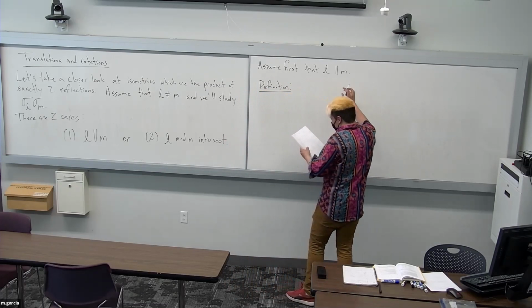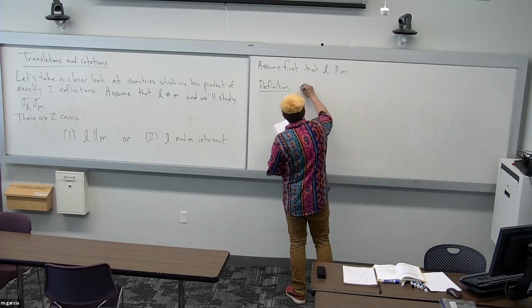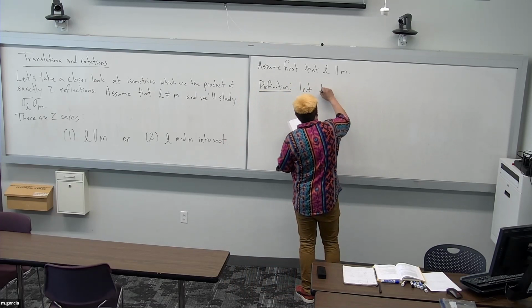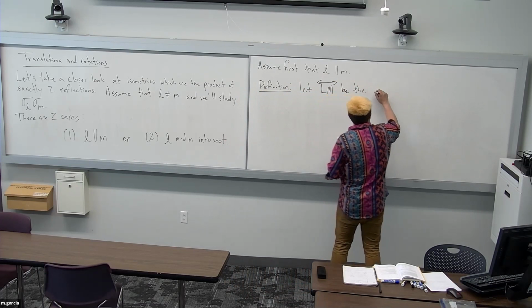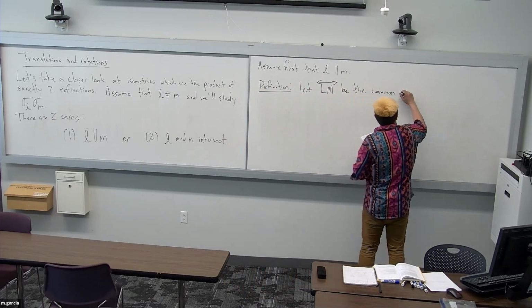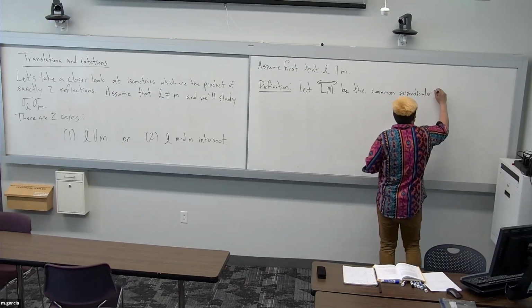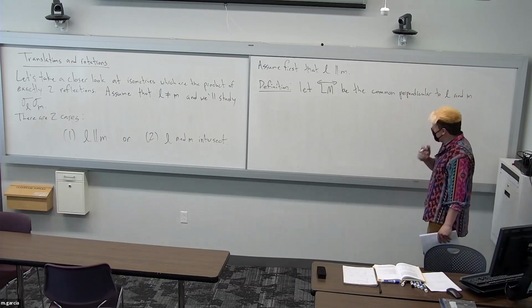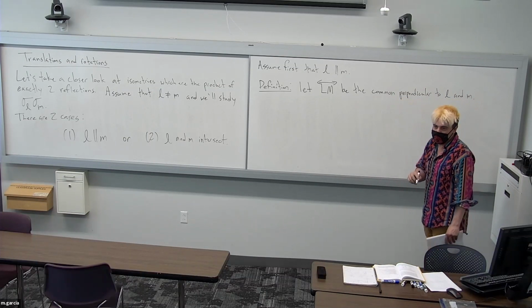With L parallel to M, let the line LM be the common perpendicular to L and M. Directed distance between lines.